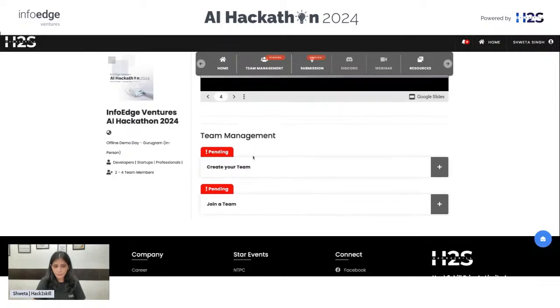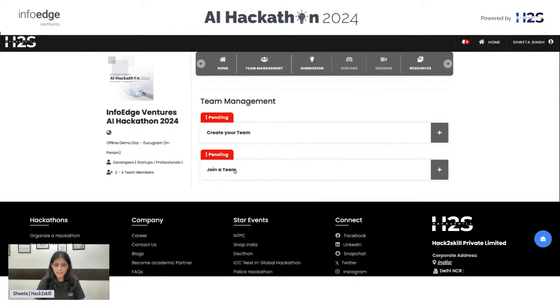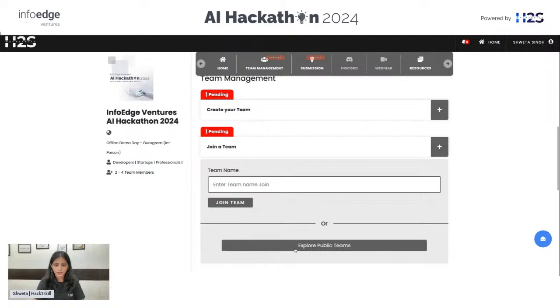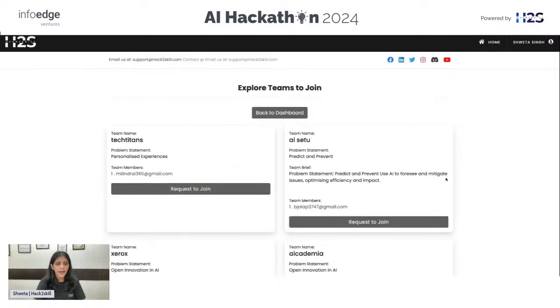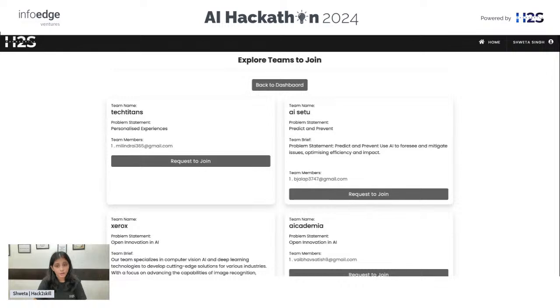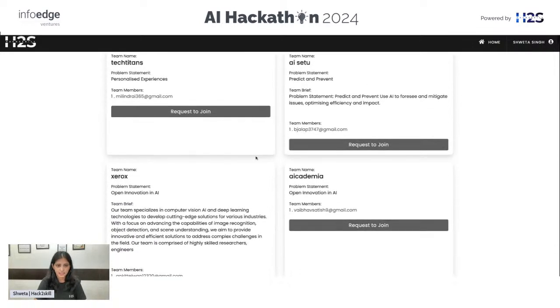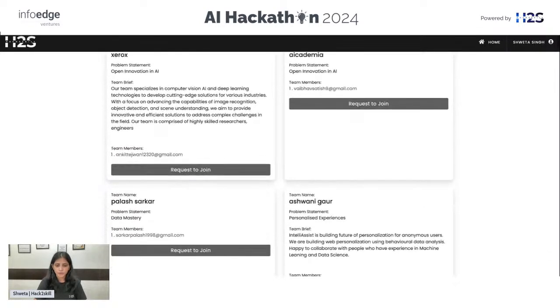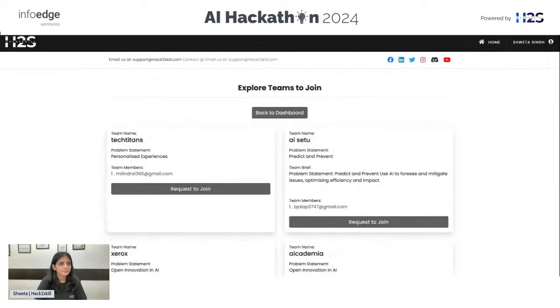If you do not have a team, or you want to join a team which already exists, you can click on Explore Public Teams, and here you will find all the teams that are listed publicly. If you do not want to form a team of your own, you can click on Request to Join on any of the existing teams, and the team lead will get your request and may approve it.